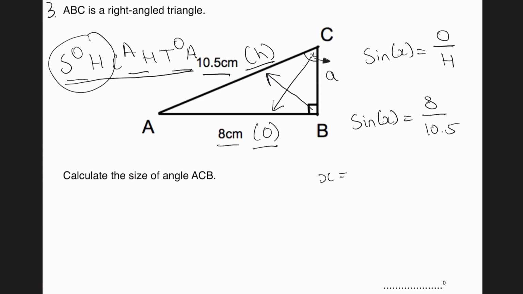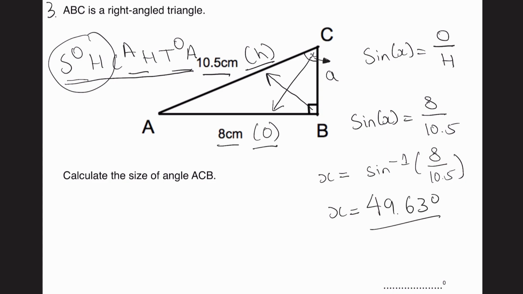So we write X equals sine to the power of minus 1 of 8 over 10.5, which means X equals 49.63 degrees.